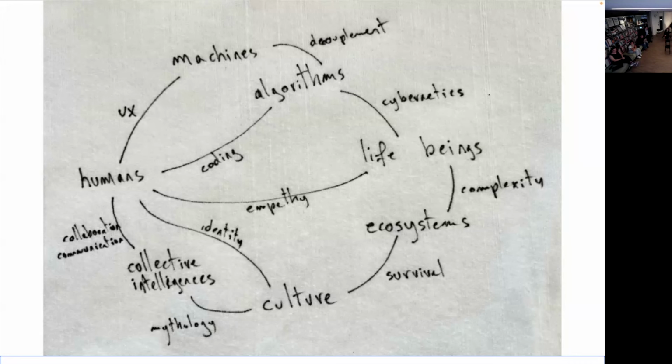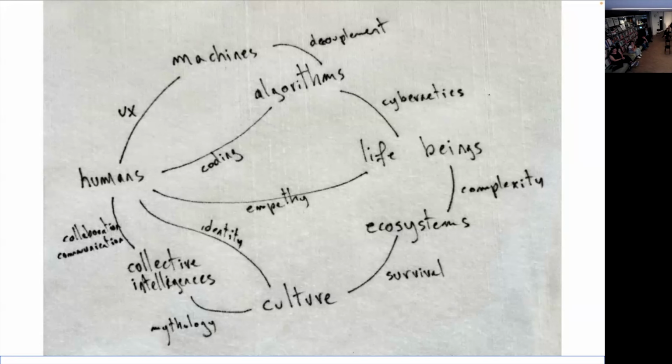So then I pay attention to the connection between all those entities. Between humans and machines, we have UX, something that we do here, for instance. Between machines and algorithms, there is the complement, what I mentioned before, the possibility of changing the algorithm from one machine to another, right?